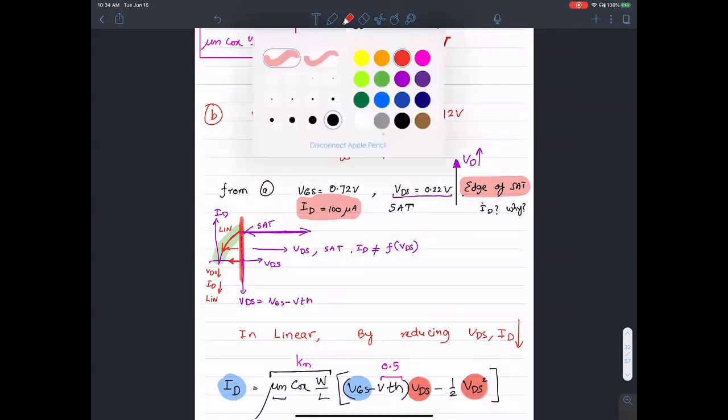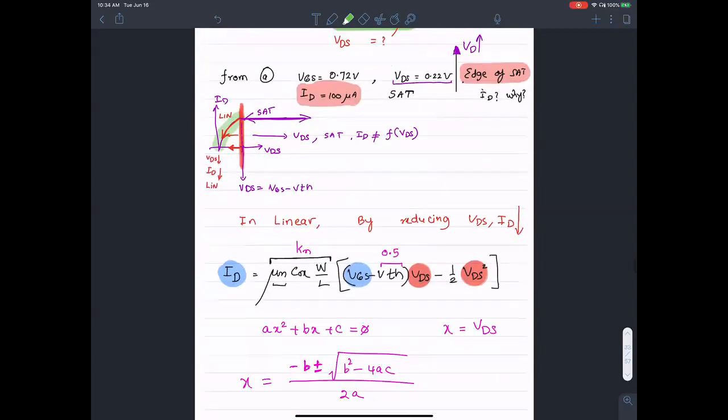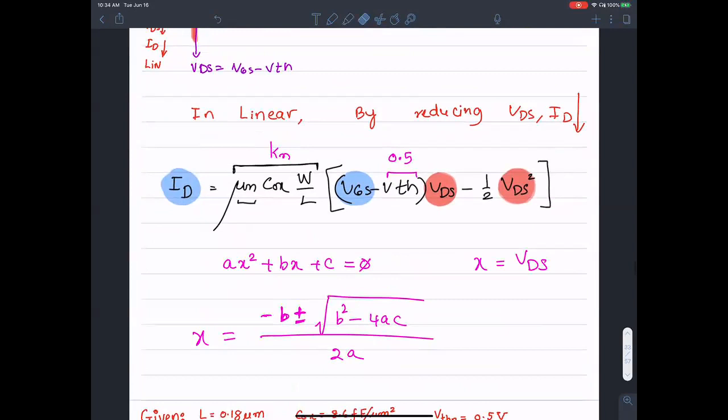So if you want to reduce the drain current, as the problem wants you to do, without changing VGS, if you look at this equation for ID, it seems there are two knobs to change the value of ID. You could change VGS or you could change VDS in the linear region.